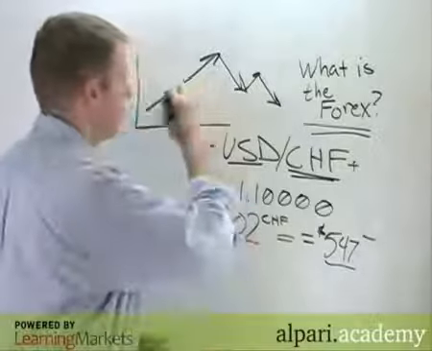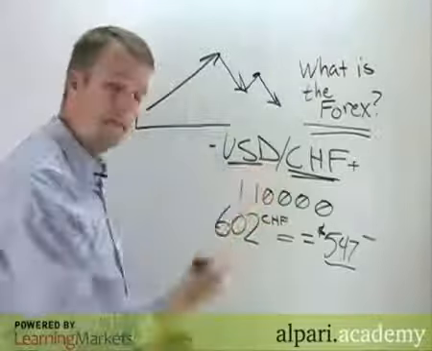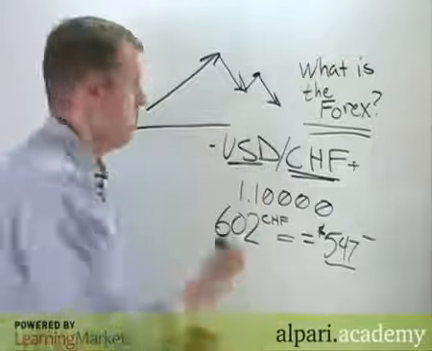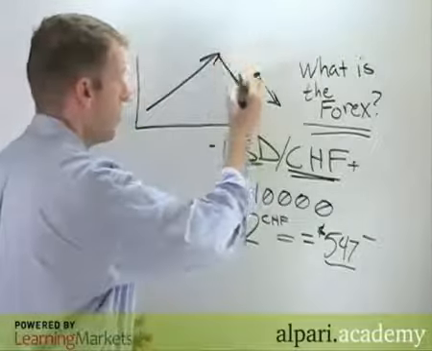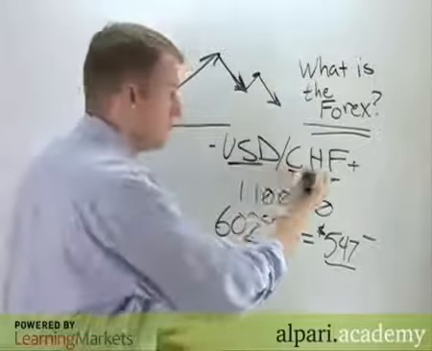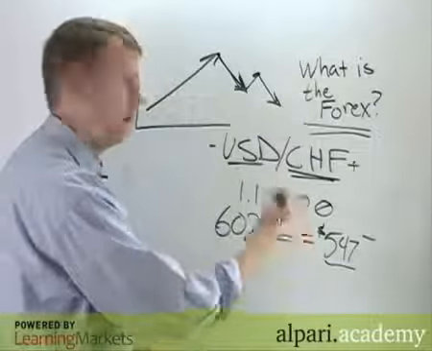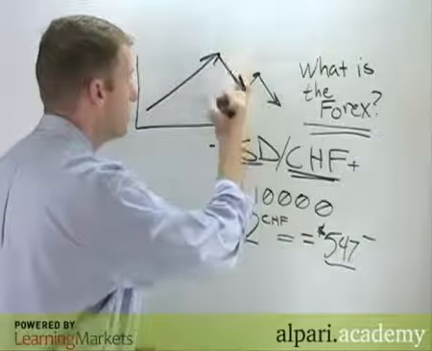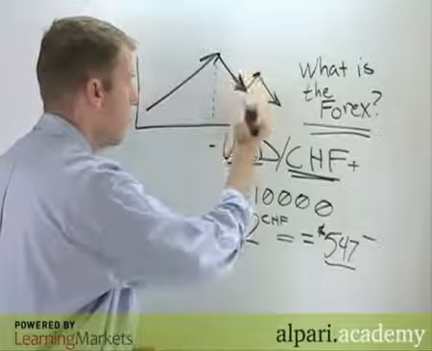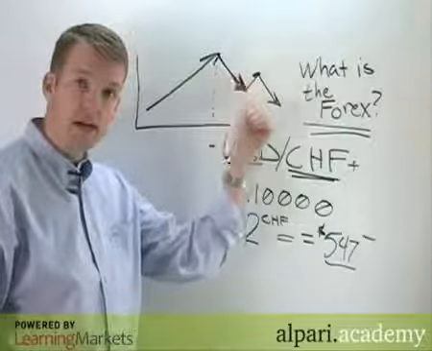Now, when the trend is going up, what you know is that the currency on the left-hand side is appreciating in value. When the trend is going down, the currency on the left-hand side is depreciating in value, and the currency on the right-hand side is appreciating in value, which was the situation here. So if you could imagine it, it's almost as though we took our vacation right there and then decided to come home right there, where the franc was appreciating during that trend.